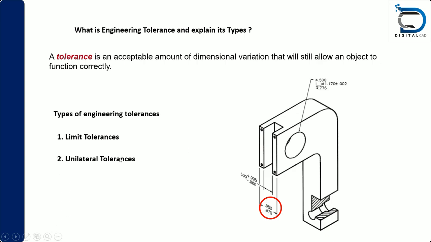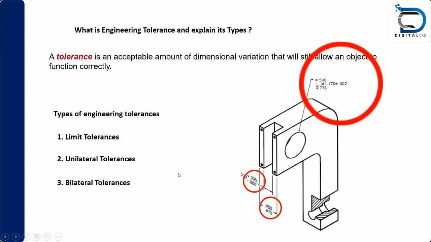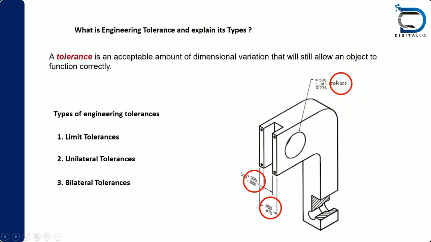Then the second is unilateral tolerance, which is represented like this in symbolic language. And the third is bilateral tolerance, this type of tolerance. Now we'll see these in detail.